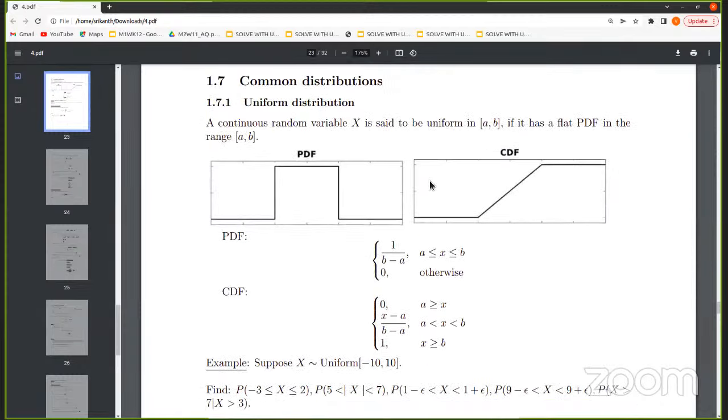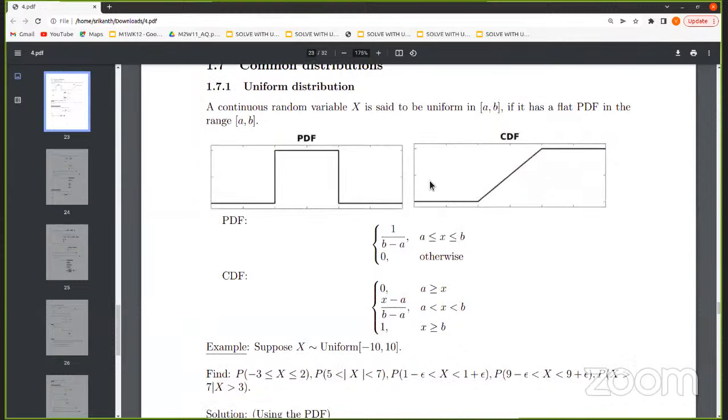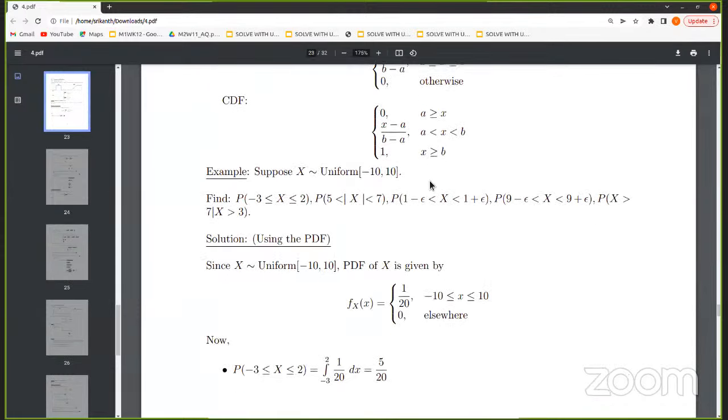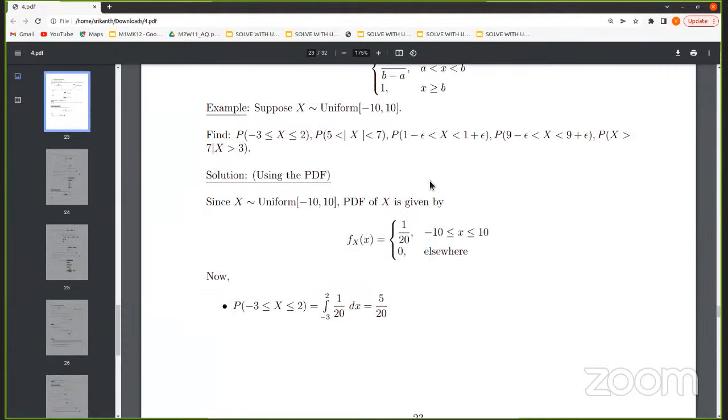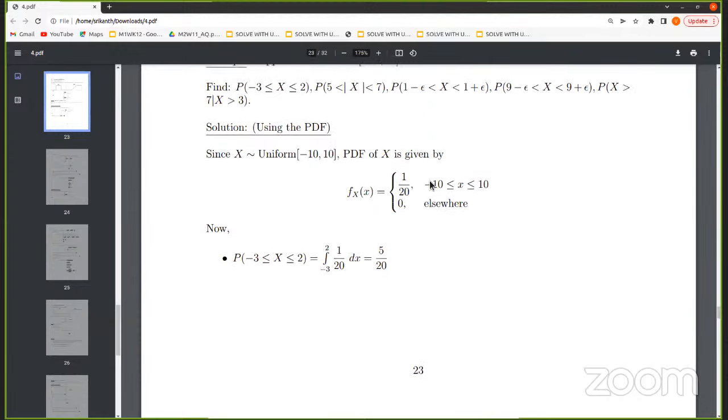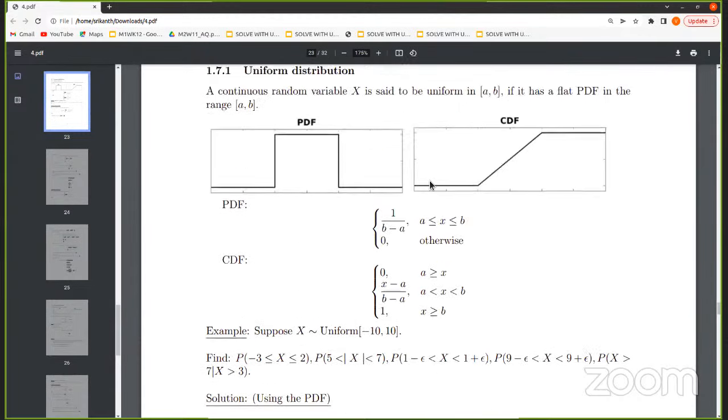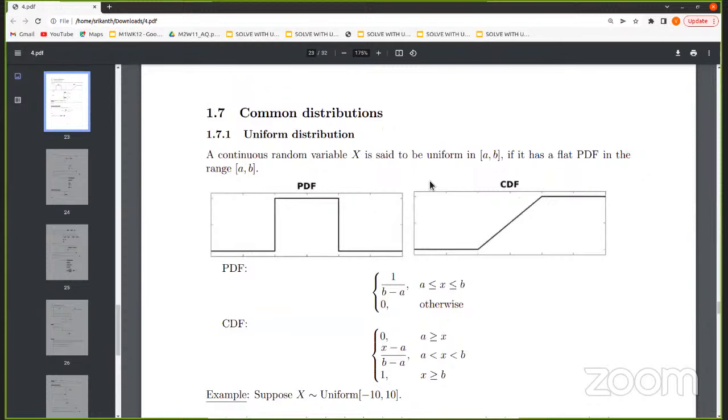It's just the PDF of the common distributions along with CDF and some examples, like whatever the professor did in the lecture itself, we have given you. Every solution is given to you. I don't think I need to put pen on this. Just the calculations. We all know these PDFs and CDFs.